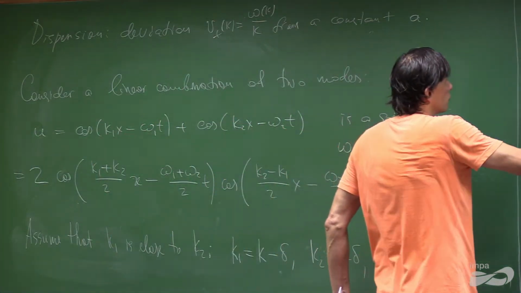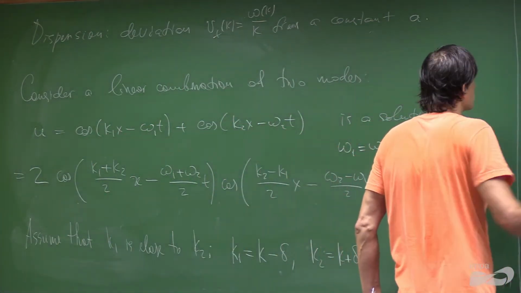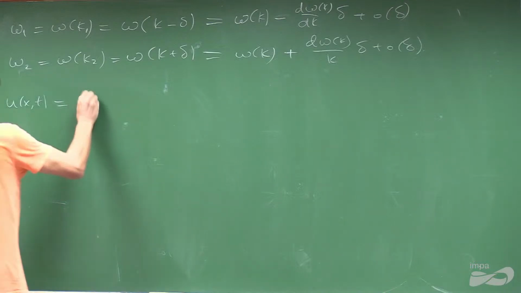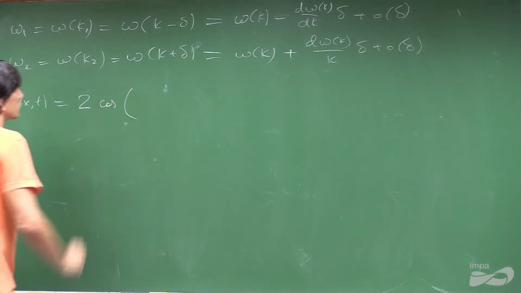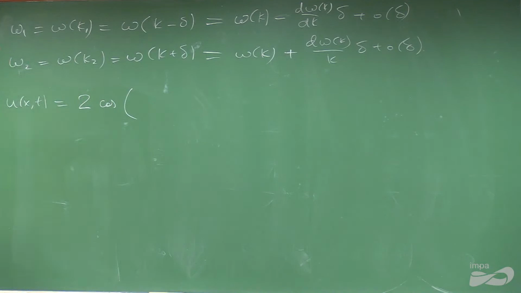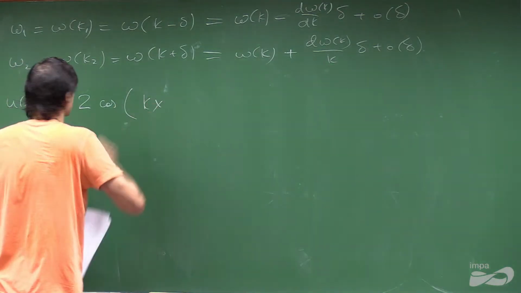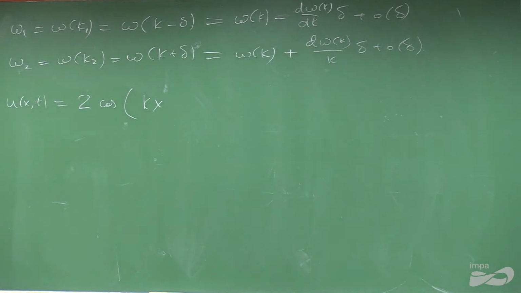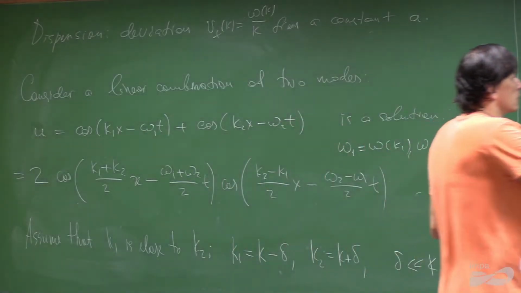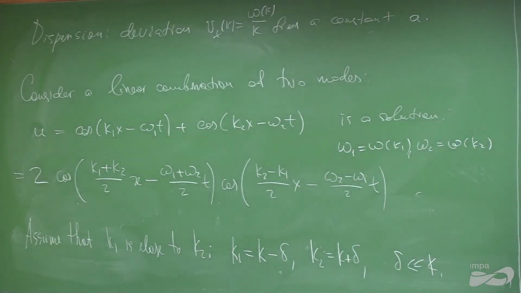and you get that u, our solution, is 2 times cosine. So in the first, we take a sum of the two. Sum of the K1 plus K2, K1 plus K2 divided by 2, is just K. So it's Kx. And then minus the half mean of these two values, so it will be omega.